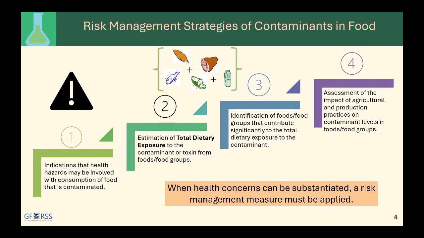So now I sampled what I'm suspecting food commodities or matrices contributing to the exposure to this contaminant. I combined my consumption data to my occurrence data. I sum up everything, and I have now a total dietary exposure, and I compare it to my toxicological thing, my health-based guidance value.